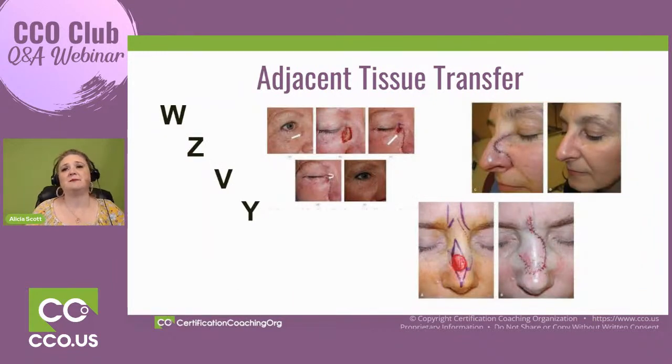So here are some examples, and these are three different people. Notice that this first one shows the lesion right behind the eye. Then they show all the stuff they had to do to take that out, and that's probably Mohs surgery. Then they repaired it, and they got even into the duct of the eye.